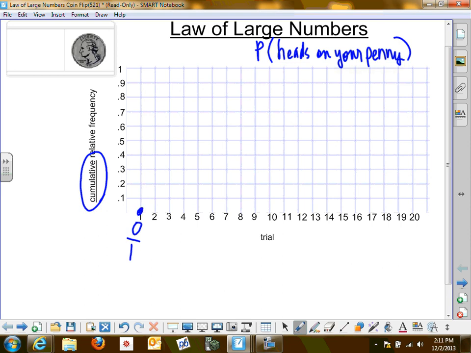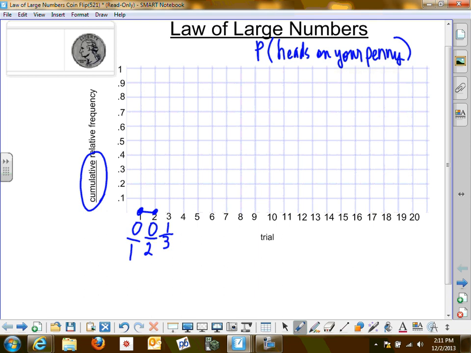I flipped the coin again, and based on that picture, I have accumulated 0 heads out of 2 trials, so I'm still sitting at a cumulative frequency of 0. The next one, I flipped the coin, and you can see based on the picture I got a heads, because I have 1 heads out of 3 trials. Look at the picture there at the top.